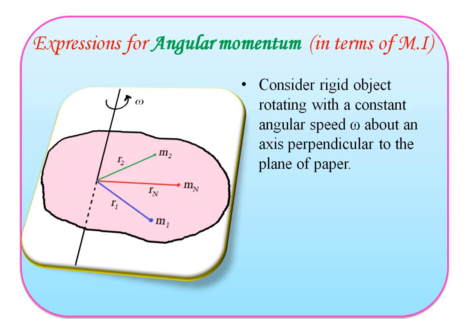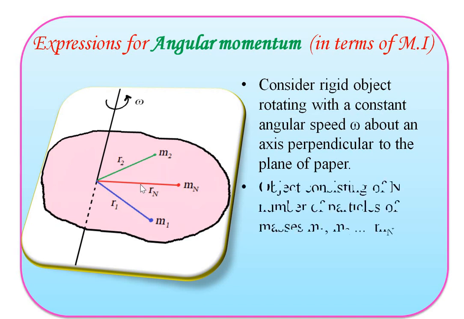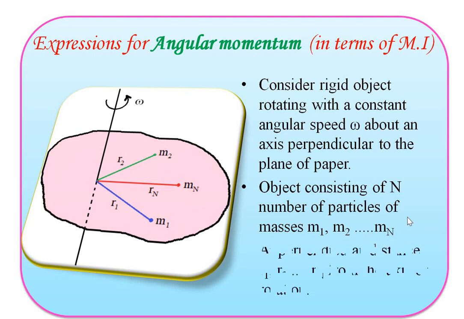Here consider a rigid object rotating with constant angular speed omega about an axis perpendicular to the plane of the paper. The object consists of n number of particles having masses, first particle having mass m1, second particle having mass m2, up to the large number of particles, masses m1, m2 up to mn.